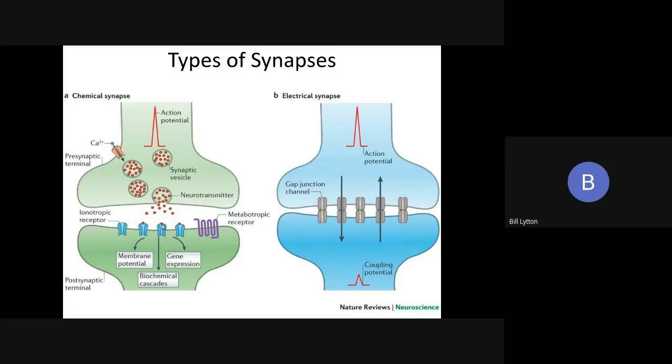Neurotransmitter proceeds across the synaptic cleft and has the effects we just described. And in an electrical synapse, of course, it's simply that some current passes through in one direction or possibly in the other direction.